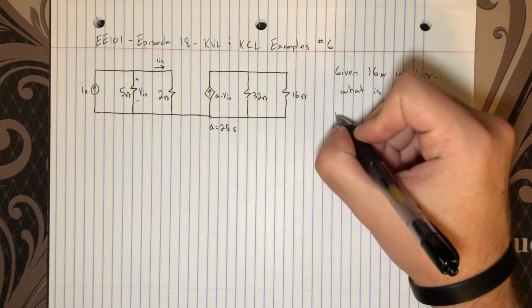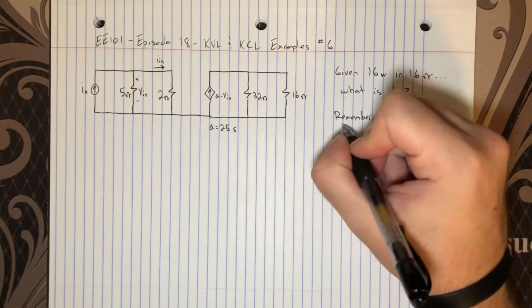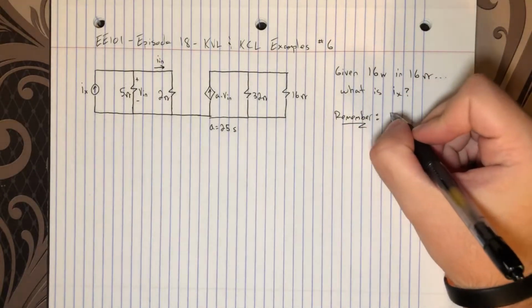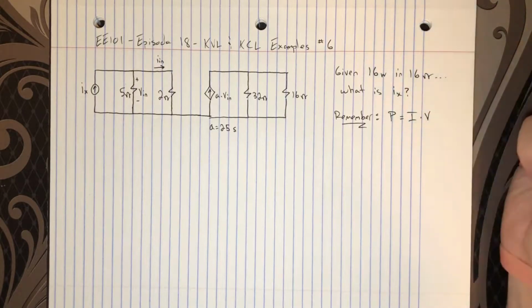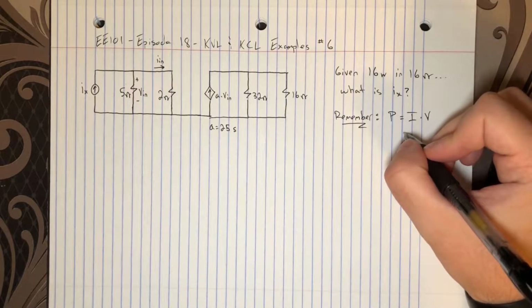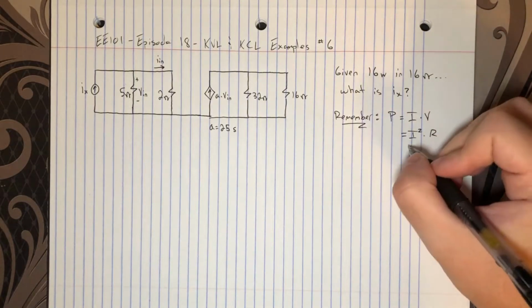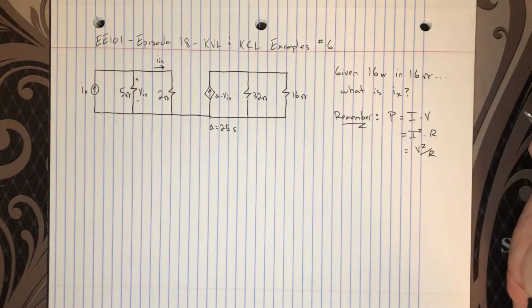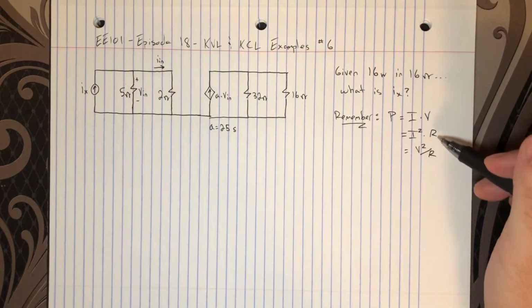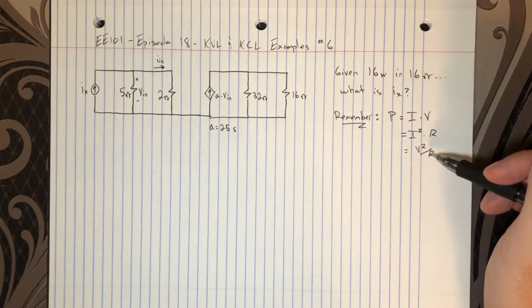So remember that power in a circuit element is its IV product, or if it's a resistor, it's also I squared times R, and it's also V squared over R.